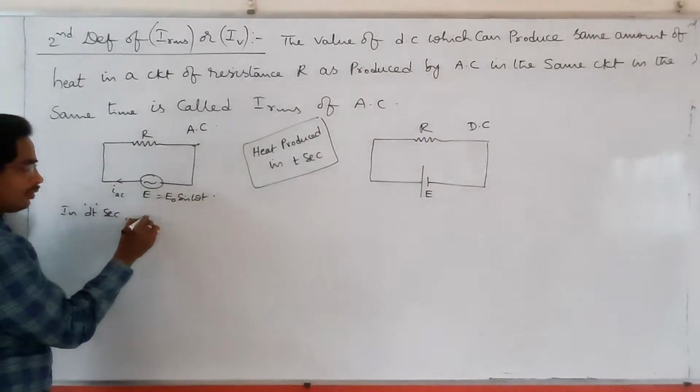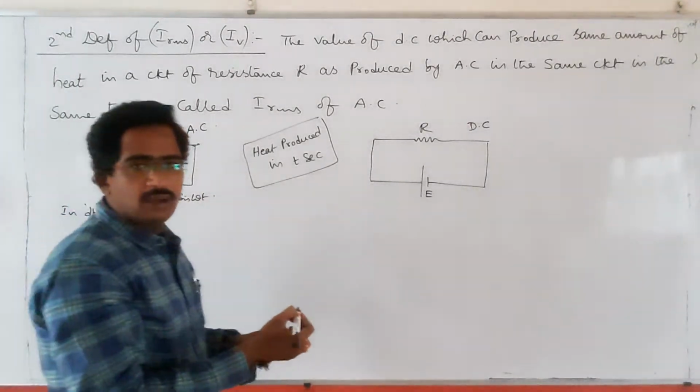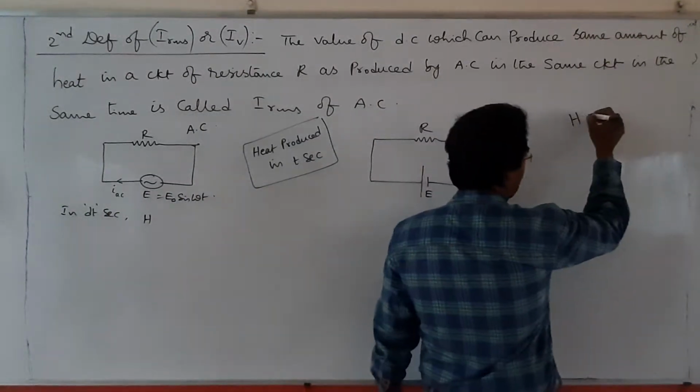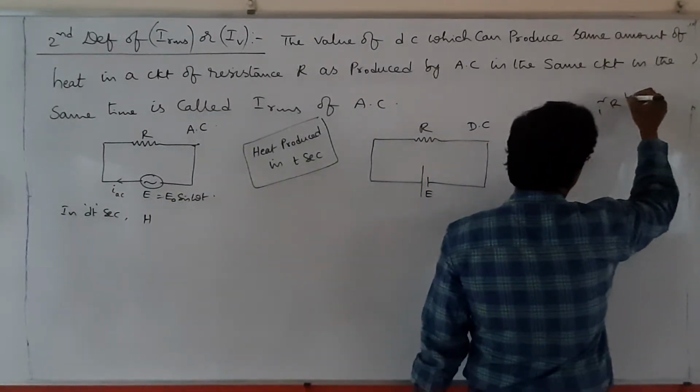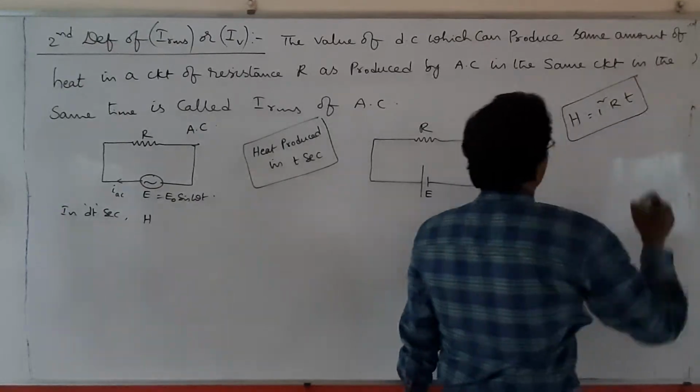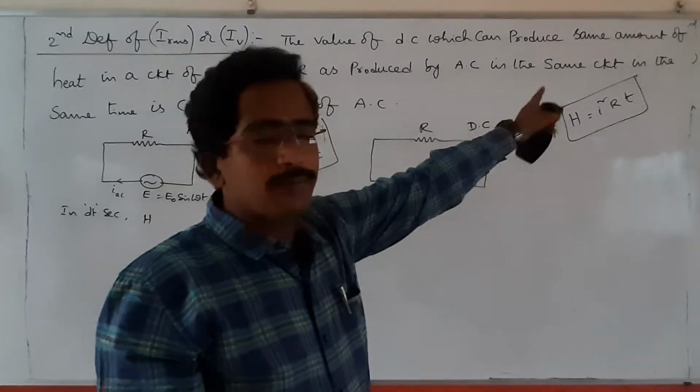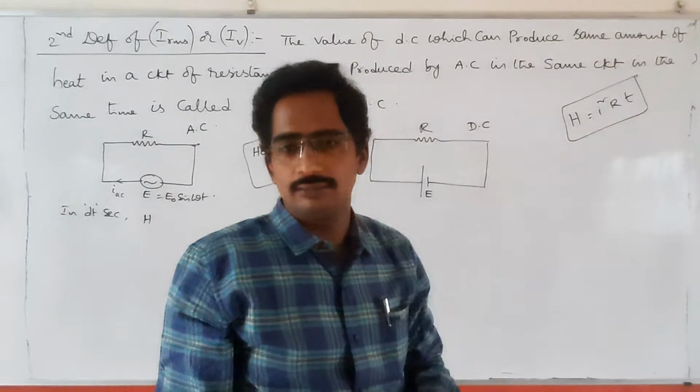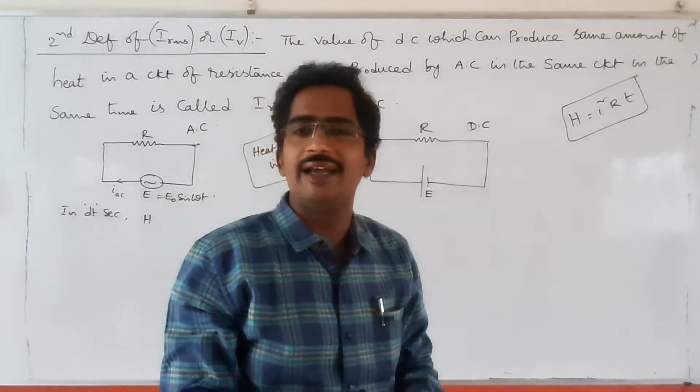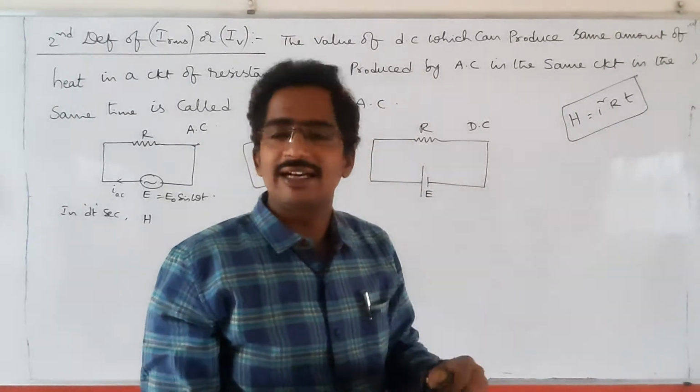Heat energy equals I square RT, the formula for heat energy produced in a resistor, which you get in the current electricity chapter.